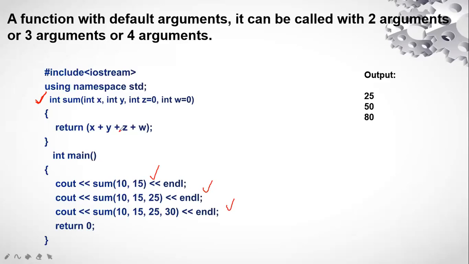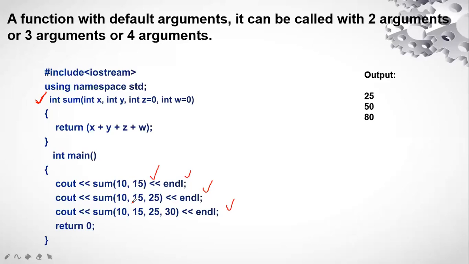So here you can see that these are x, y, z, w. We have given here cout, sum 10, 15. And endl is just the next line. It can be used with the same concept as \n, that is moving to the next line. Now see, cout sum 10, 15, 25. Here are the three arguments which are given.